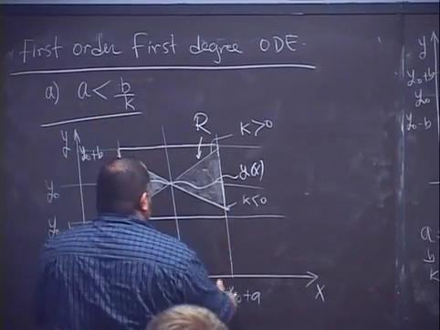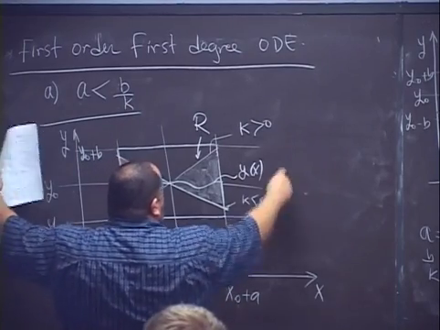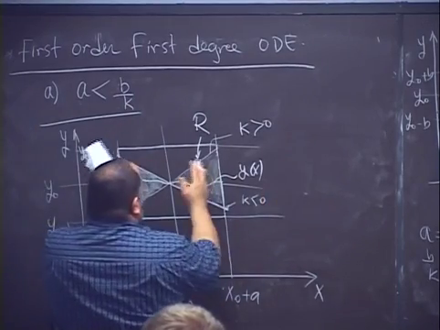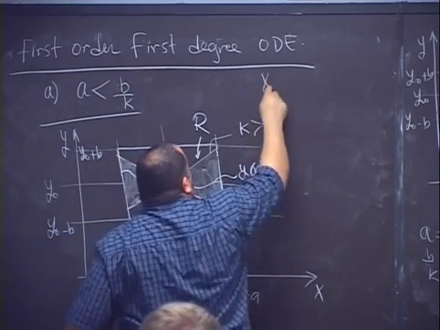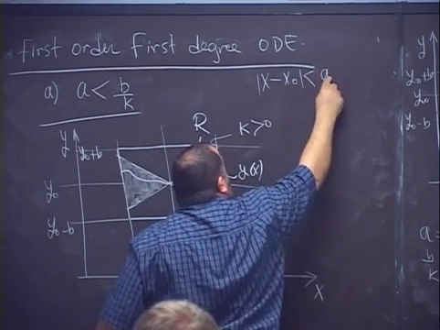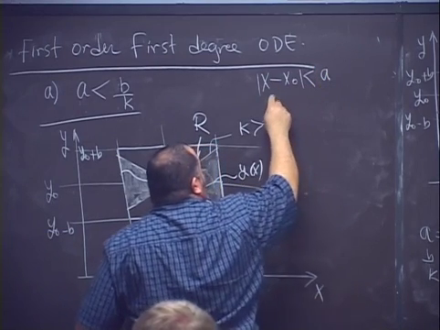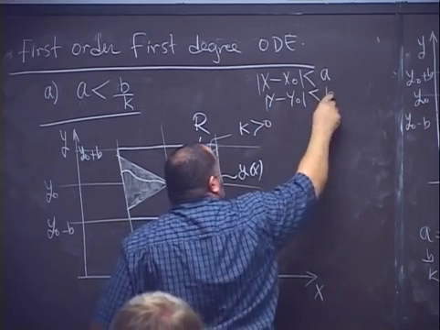So this is your bound for the problem, and b over k is somewhere here, but you're still inside your region R. And R, I told you, is bounded by what? The absolute value of x minus x naught is less than a, and y minus y naught is less than b.